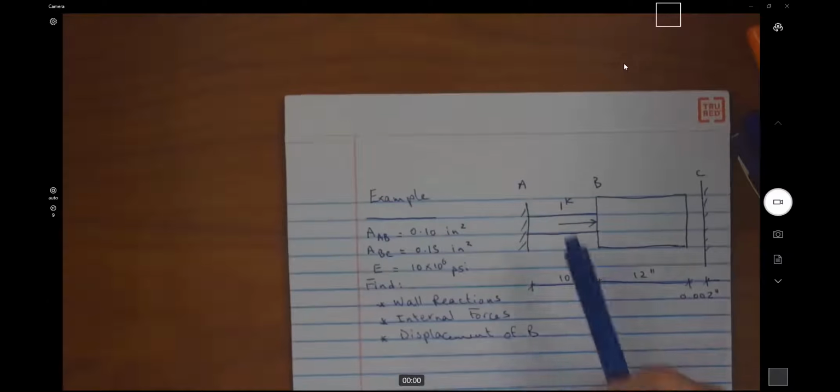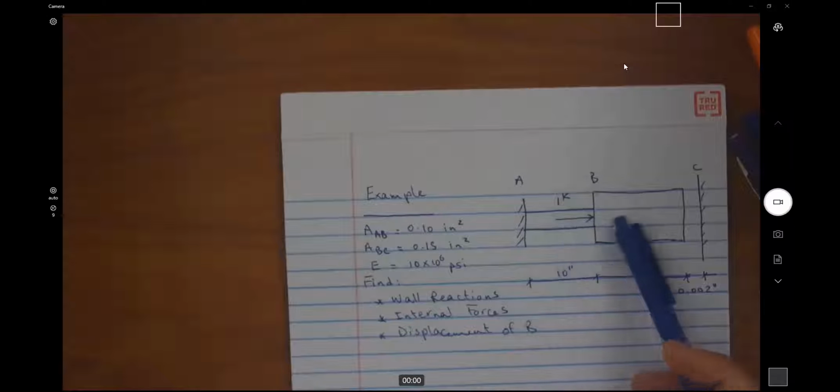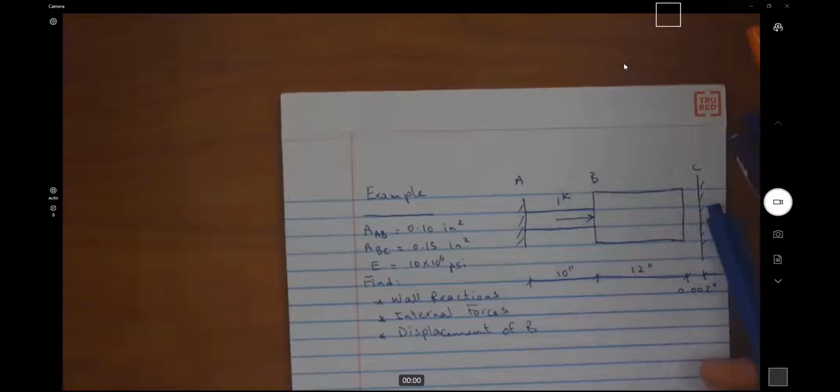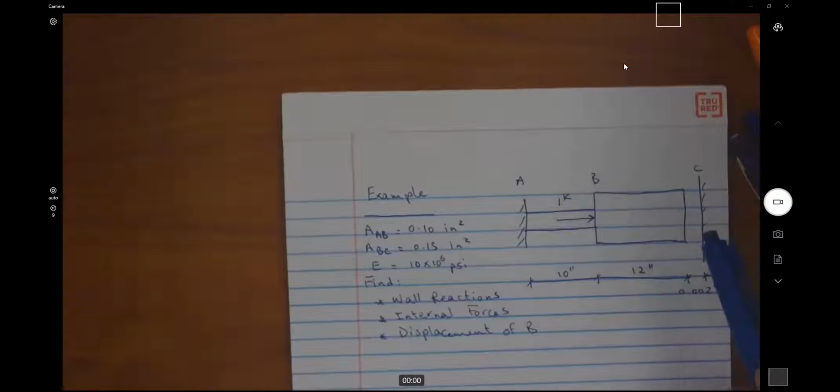So how do we expect these to behave? Because we're asked to find the internal forces. Very good. So the suggestion here, if they are pushed towards the wall, and if they hit the wall, then the wall is going to push back.